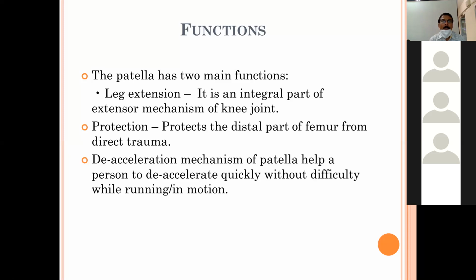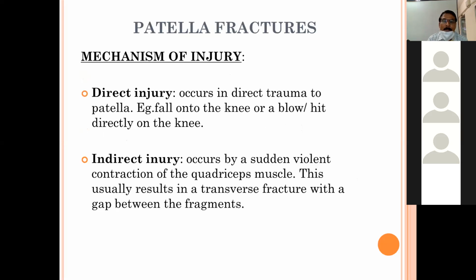Means a running person, when he wants to stop suddenly, without the patella it will be difficult for him to stop immediately. He will go 2 steps ahead to make himself stop. On the other hand, with the patella one can stop instantly. That is called the deceleration mechanism of the knee joint.